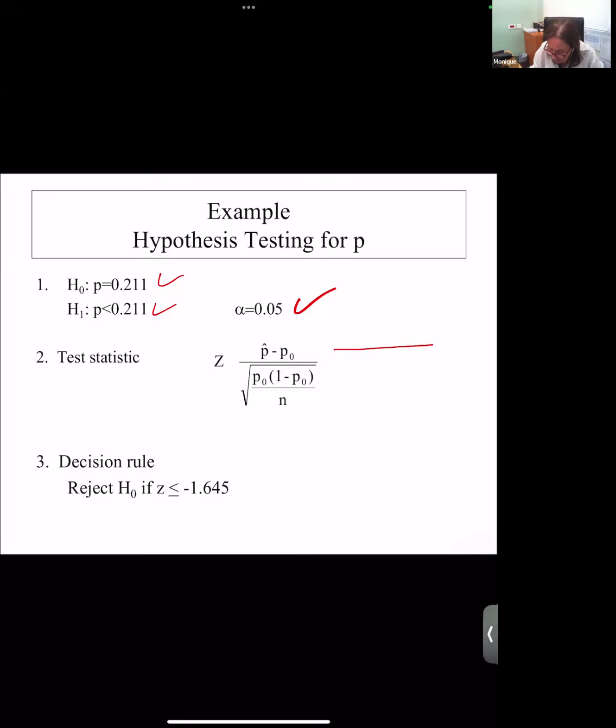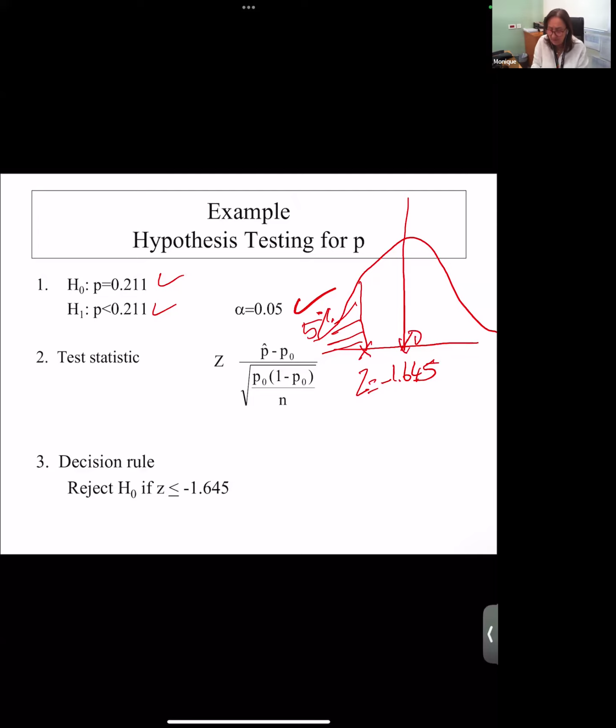So here, if we're looking at the Z, the 5% is here, and it corresponds to a Z of minus 1.645. It's not 1.96 anymore.